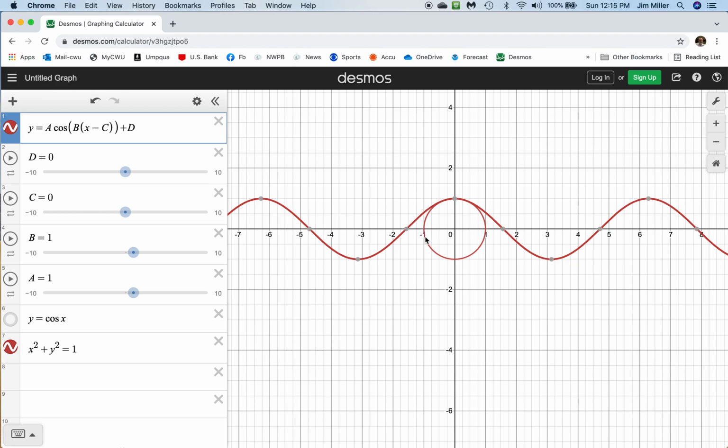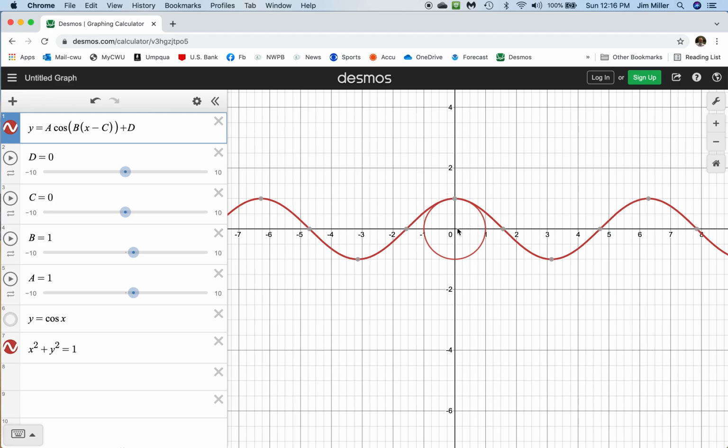Then if I keep going around the circle, the x-coordinate comes back to 0, and then back to 1. So that's keeping track of the x-coordinate. And the x-coordinate at 0 degrees, or 0 radians, is 1. So that's where the cosine starts.